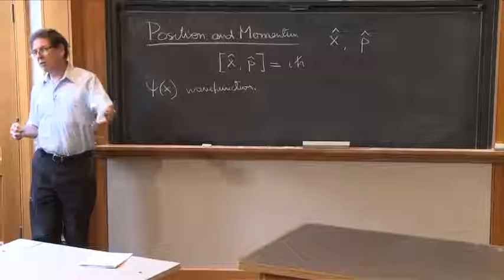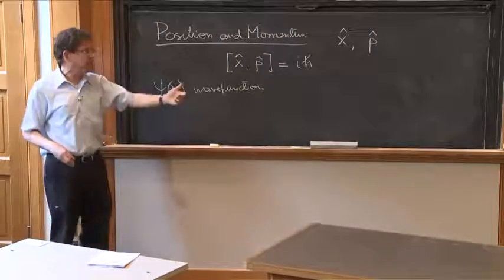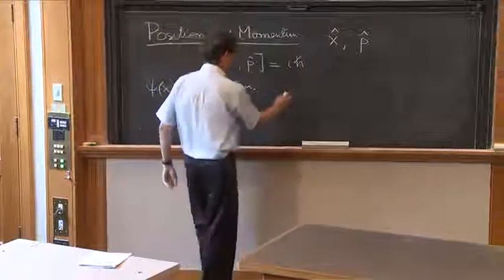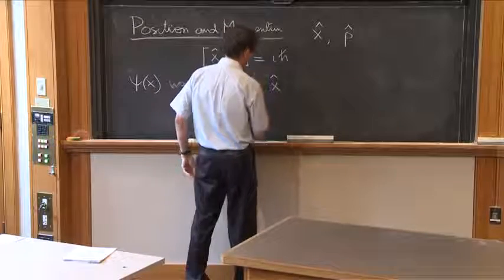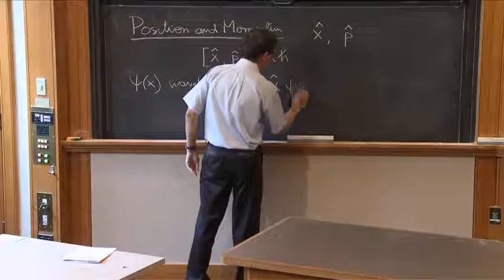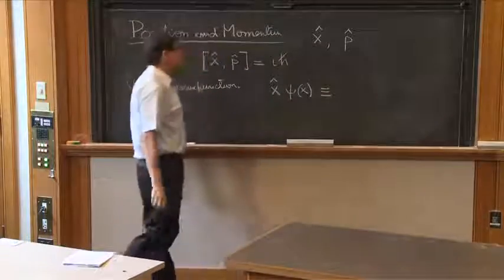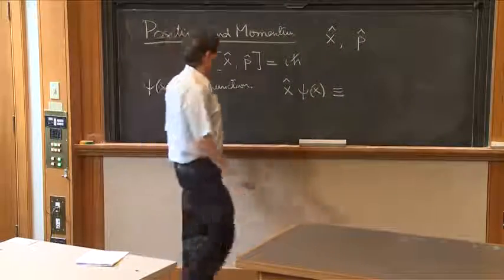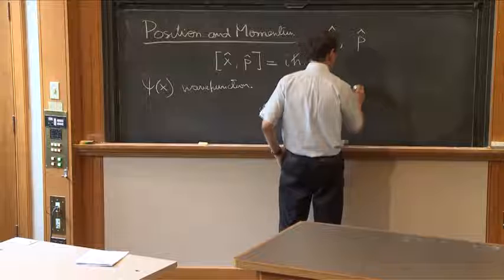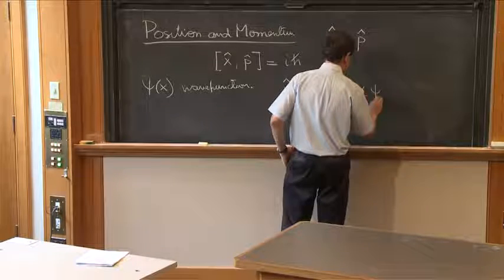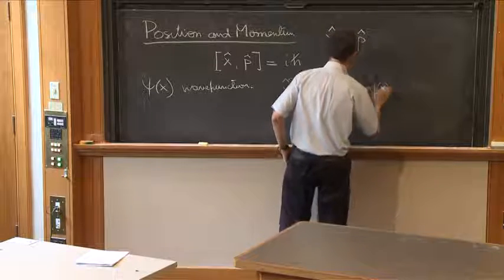When it acts on this function, it will give you another function, and the definition is that the position operator acting on the function psi of x is defined to be another function, which is the function x times psi of x.